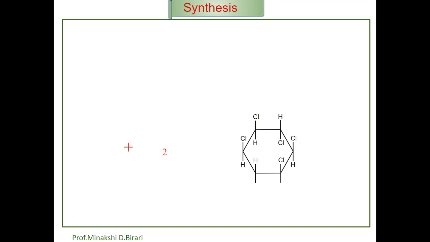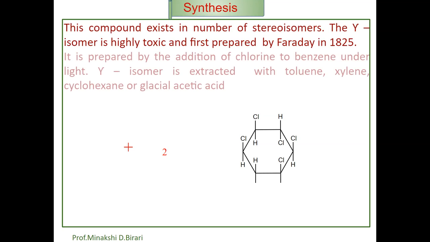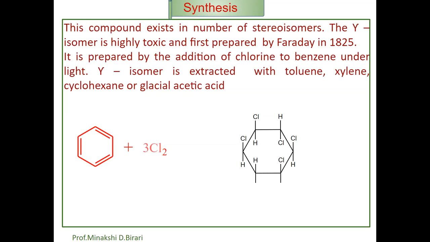Now we have to study the synthesis of benzene hexachloride. This compound exists in a number of stereoisomers. 5 isomers are available for benzene hexachloride. The gamma isomer is highly toxic and it was first prepared by Faraday in 1825. It is prepared by the addition of chlorine to benzene under sunlight.